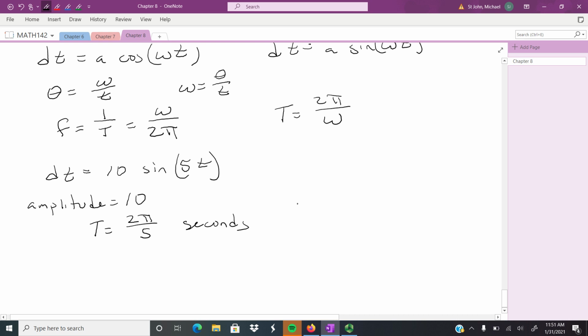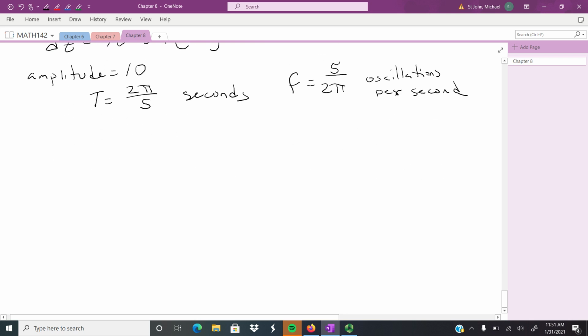And the frequency would be 5 over 2 pi, and this would be oscillations per second. And then the last thing to figure out with this is called damped harmonic motion.